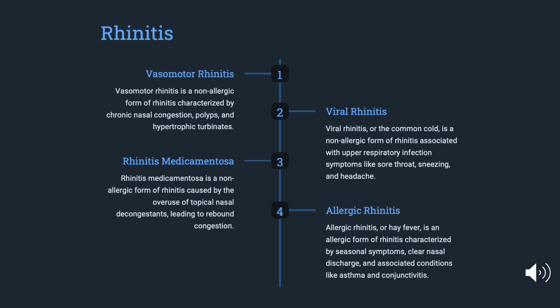Rhinitis medicamentosa stems from the overuse of topical nasal decongestants, resulting in rebound congestion, a non-allergic subtype of rhinitis. On the other hand, allergic rhinitis, or hay fever, constitutes an allergic manifestation of rhinitis characterized by seasonal symptoms, clear nasal discharge, and often associated conditions like asthma and conjunctivitis.